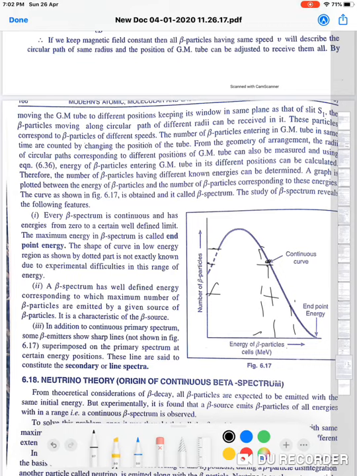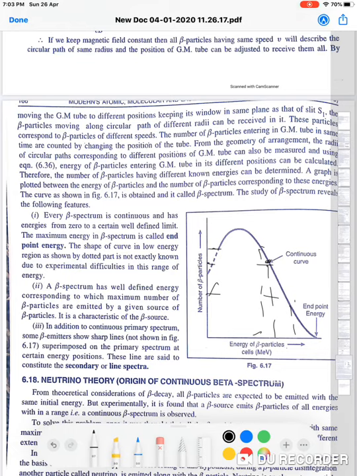Actually Pauli initially explained this. Pauli said that there are some other particles coming out as well, and these particles also define the process such that conservation of angular momentum also takes place.